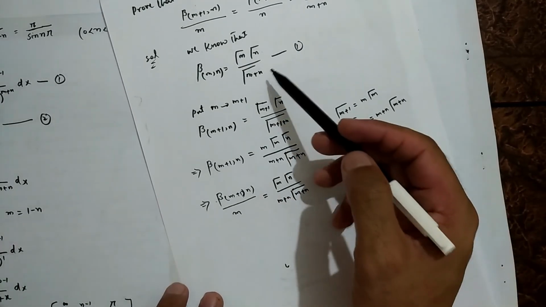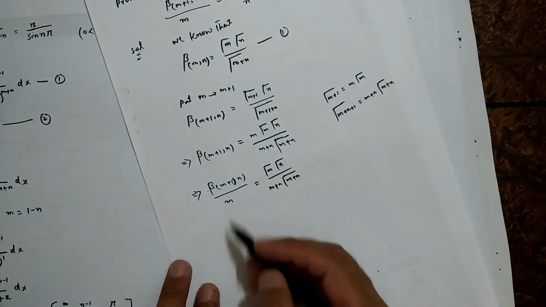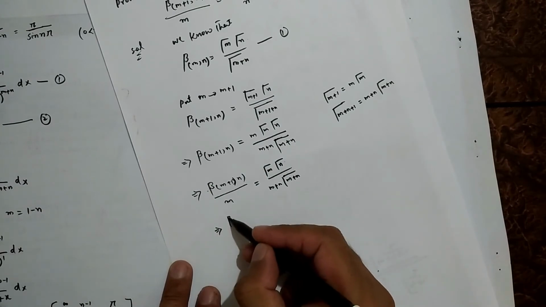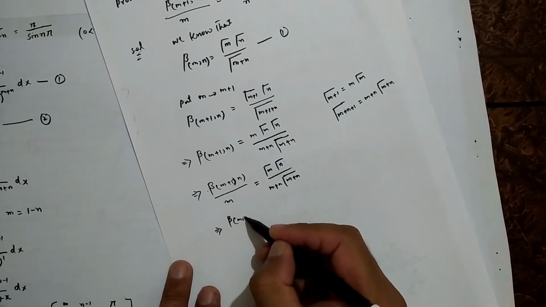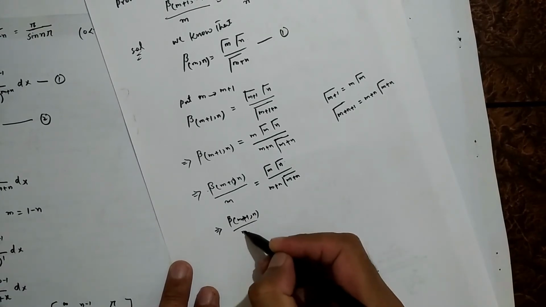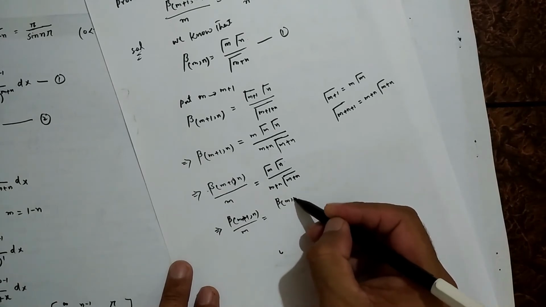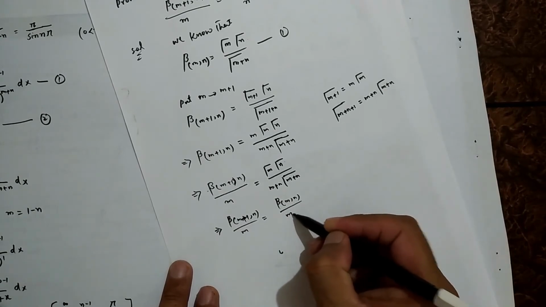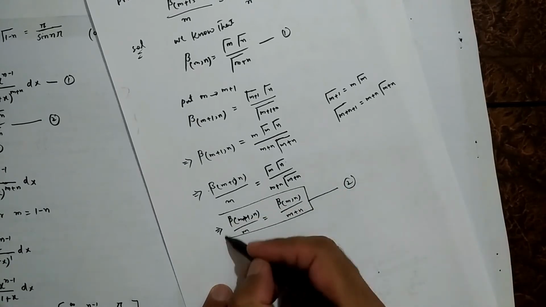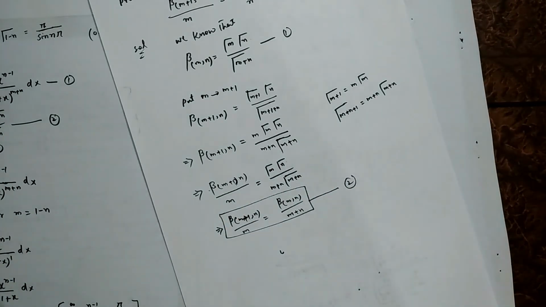So from equation number 1, gamma m gamma n upon gamma (m+n) is beta (m, n). Therefore beta (m+1, n) upon m will be equal to beta (m, n) upon m plus n. This is equation number 2, which is proved.